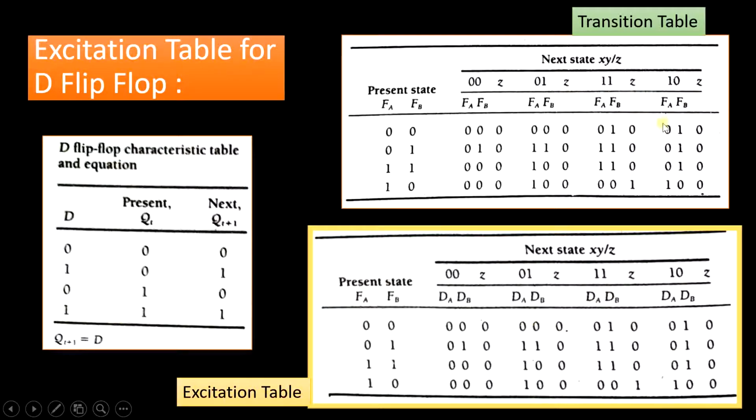So whatever data is provided, the next state will be exactly the same as that of the transition table. So this is basically a replica of the transition table in the case of the D flip-flop, wherein you have DA, DB to be replaced with FA and FB.